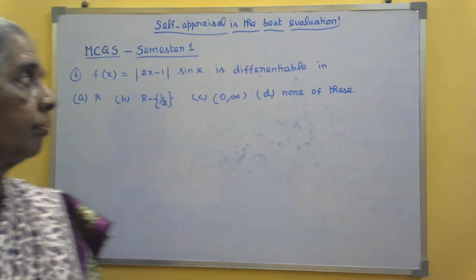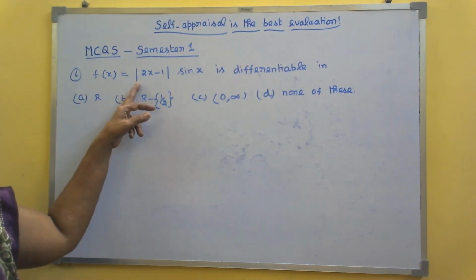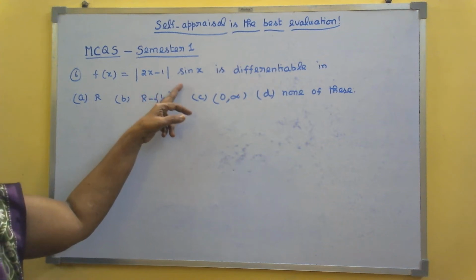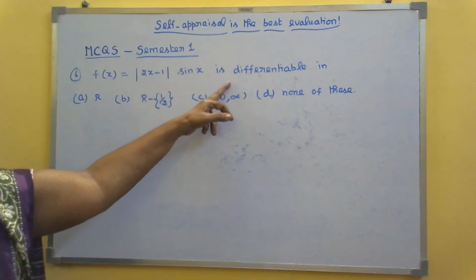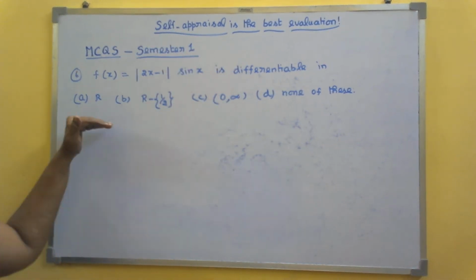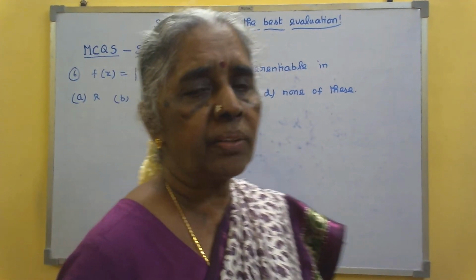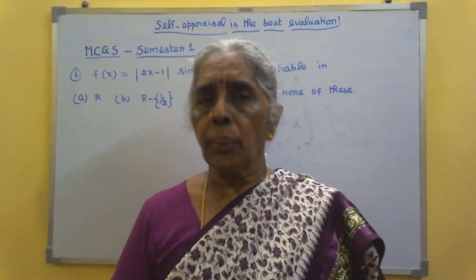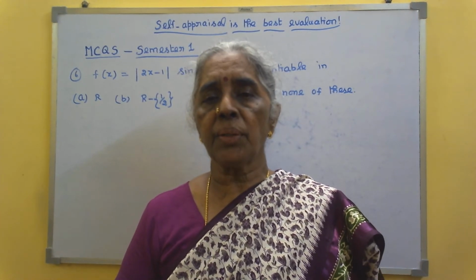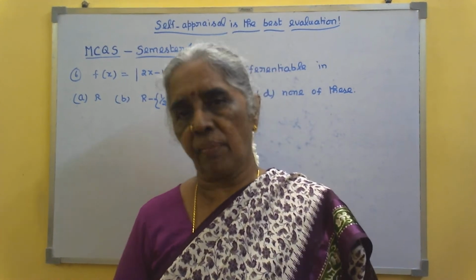The sixth sum, f of x is equal to mod 2x minus 1 into sin x. It is differentiable in, and they have given you 4 options. Now, it is something about differentiability, right? You know, if a function is differentiable, then it is continuous.